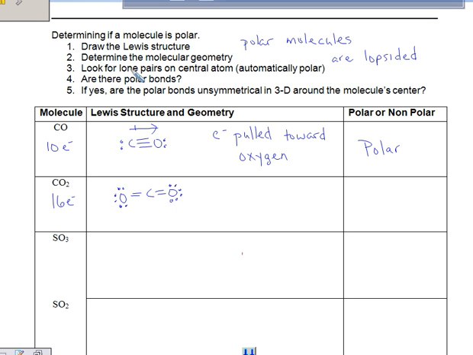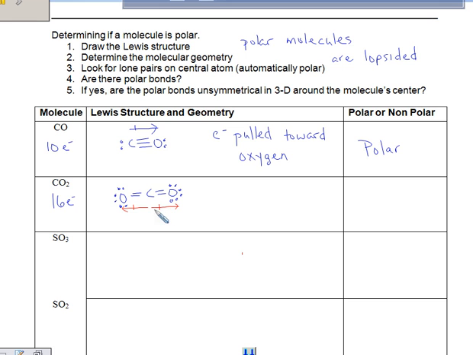First of all, we look for lone pairs on the central atom. There are none. So now we're going to look for polar bonds. And again, the carbon-oxygen bond is polar. So in each bond, electrons are being pulled away from carbon towards the oxygen.